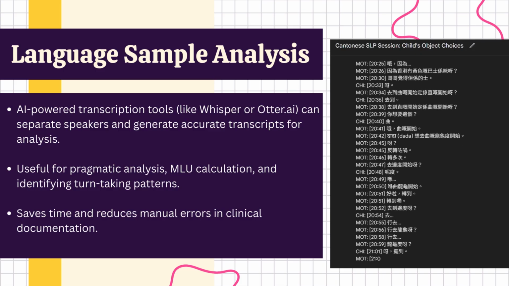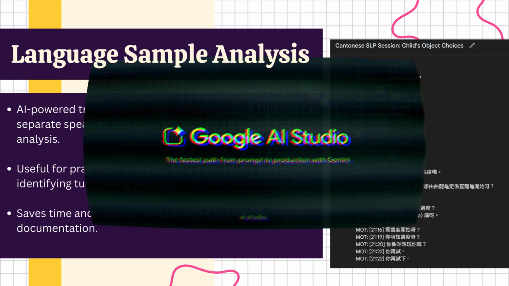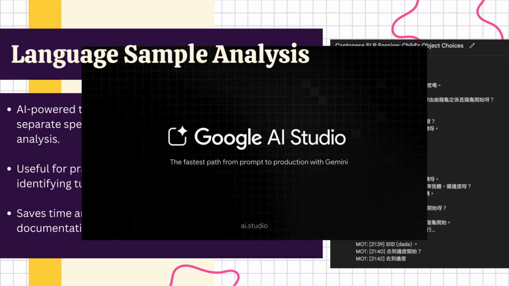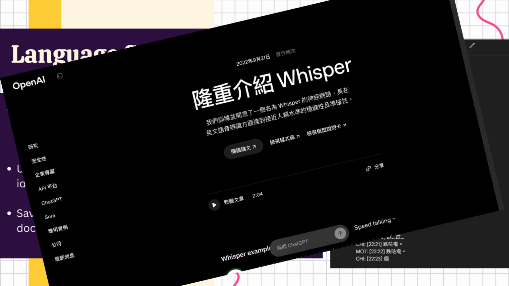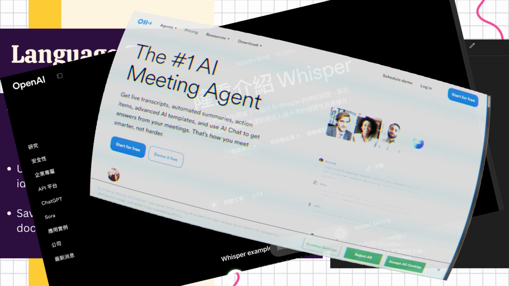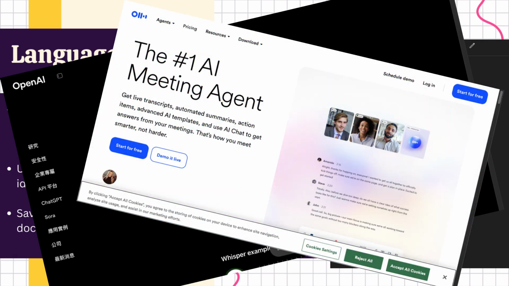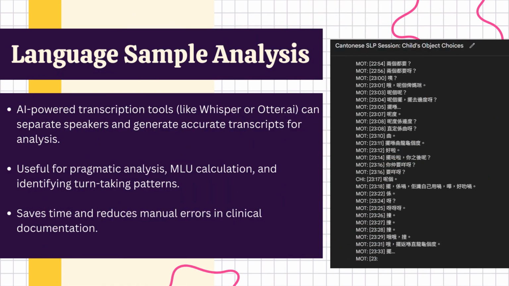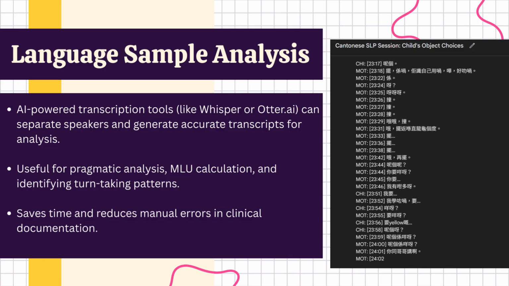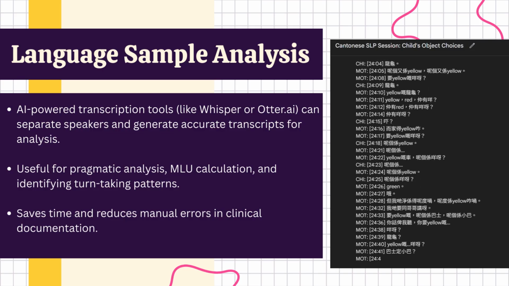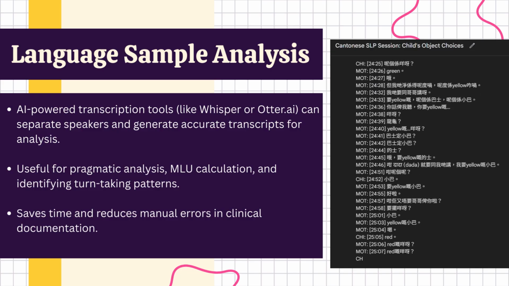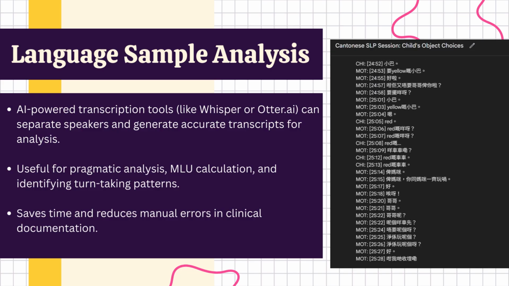In this example, I use Google AI Studio, but there are also other tools like Whisper AI from OpenAI, Otter.ai, or even the built-in function in Apple devices that could help to transcribe the whole audio recording, even separate speakers and generate an accurate written transcript for analysis.